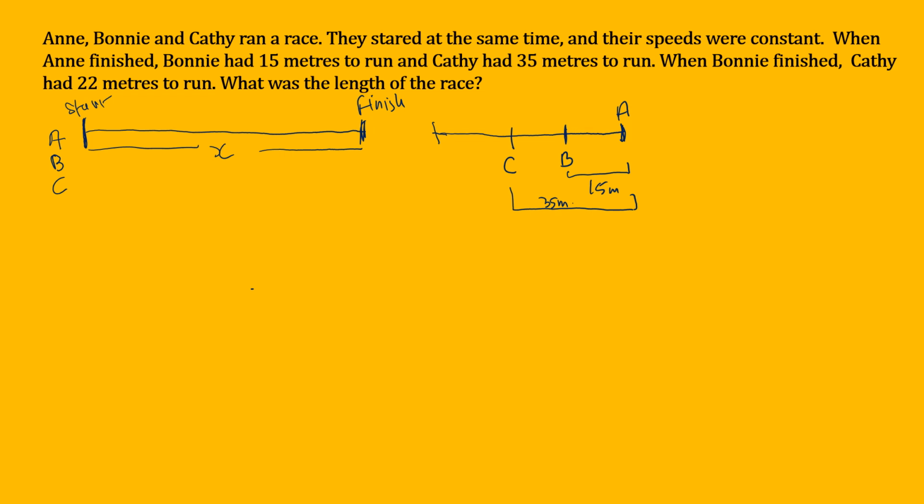Each of them is running at a constant speed, but their speeds are different, so the times would also be different. So we say that A finishes the race in A seconds. Normally you would say T seconds, but I'm just saying A seconds. Then in A seconds, B has completed x minus 15, and C has completed x minus 35.